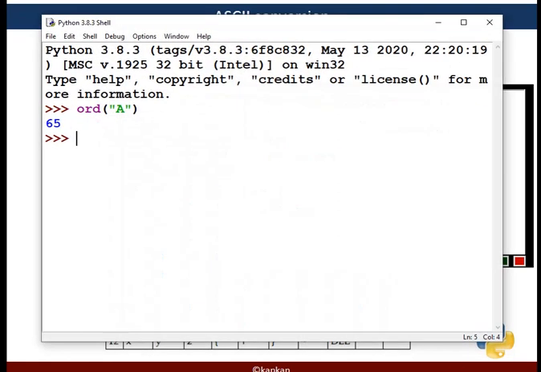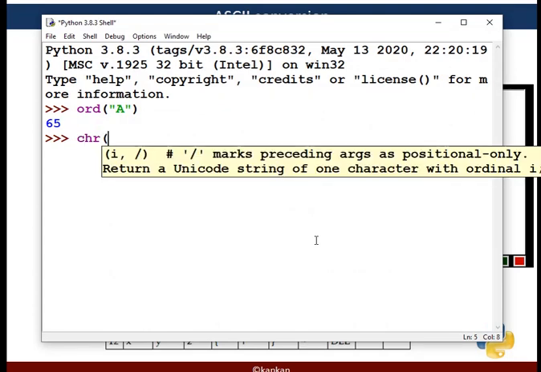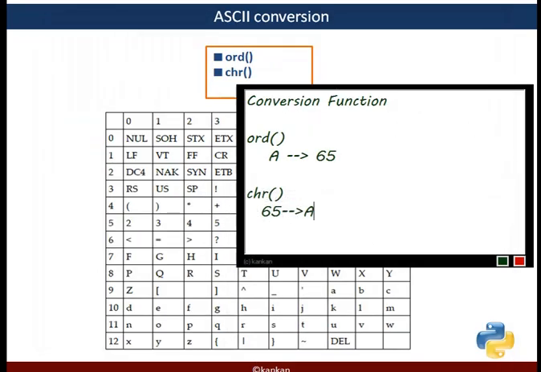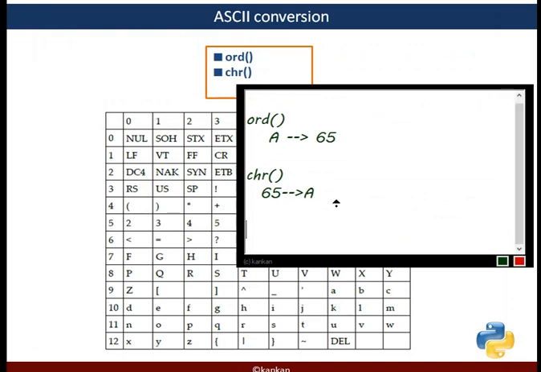Now test it in my programming code. CHR is the function, and the passing value is 65. Passing value means the value that you pass within this bracket; technically in language it is termed arguments, passing arguments. So the equivalent value is A. So that is about the type conversion functions of Python.